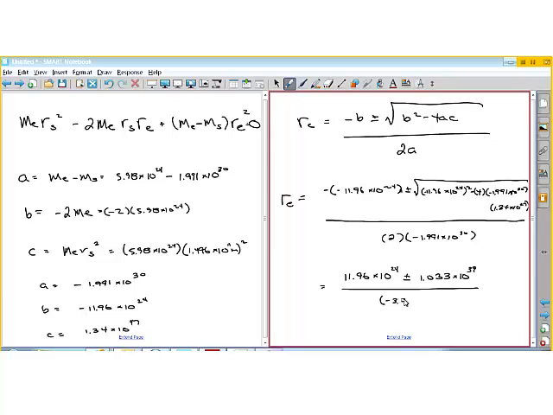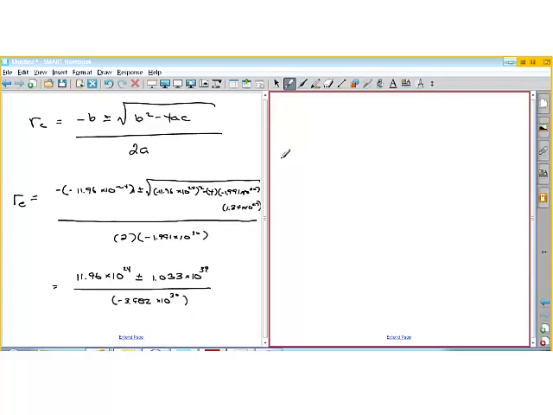So we get negative 3.982 times 10 to the 30th. And we're going to take the negative because if we take the positive, then that would create a negative result. So we want the positive result, which is where it's between the two.